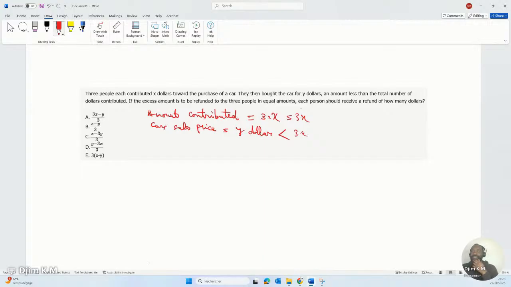So we have the excess. In order to find the excess amount, it needs to be equal to the amount contributed minus the sales price.